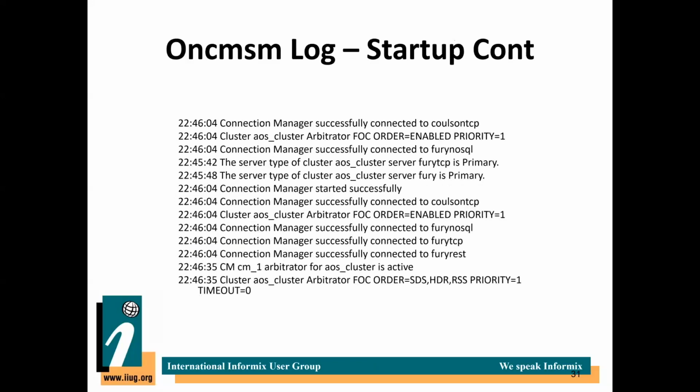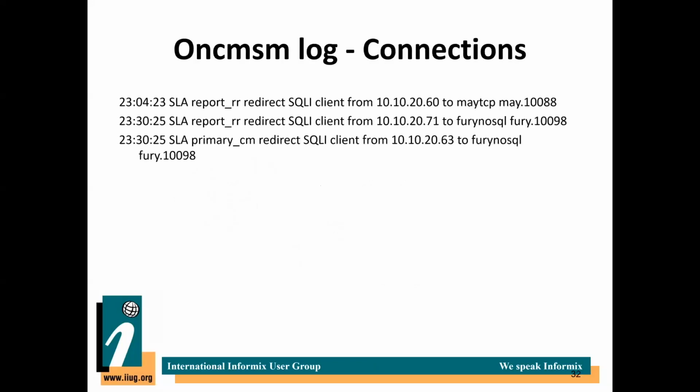So again, here's more of an example of what it looks like, but you'll actually see it connecting to the servers and let you know if any of them are not able to connect. Once you've got it up and running, it'll also log anytime somebody connects. As long as you have logging turned on, you can actually see where somebody is coming in, what the SLA is, which is the listener name.